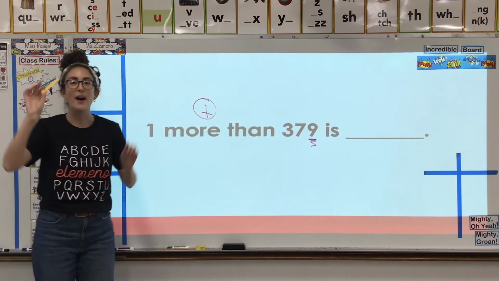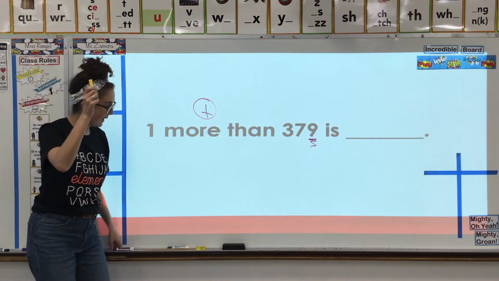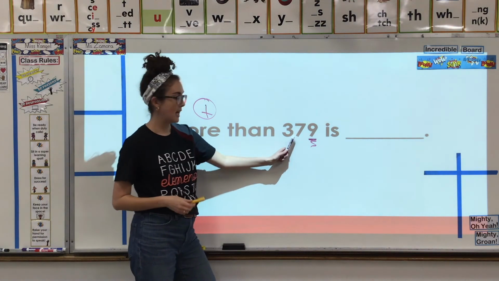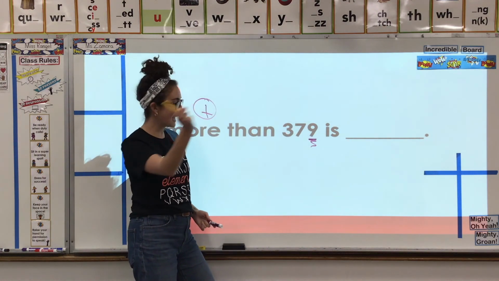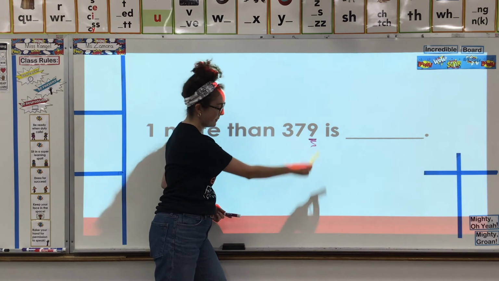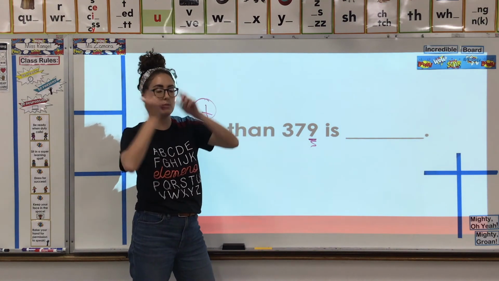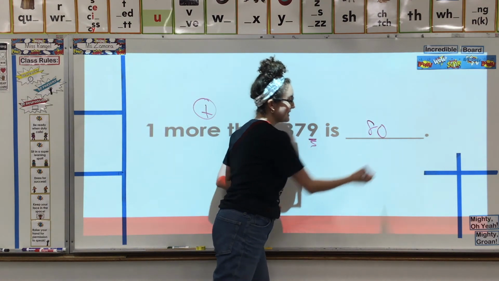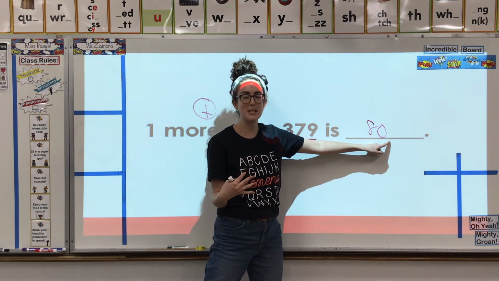A 10. Our 10 1s will become a 10. Okay, so right now we have 7 10s. If all these 1s are bundling into a 10, how many will there be now? 7, and then add a 10, we'll get 8 10s, exactly. 8 10s, and we have no more 1s. We just bundled them.